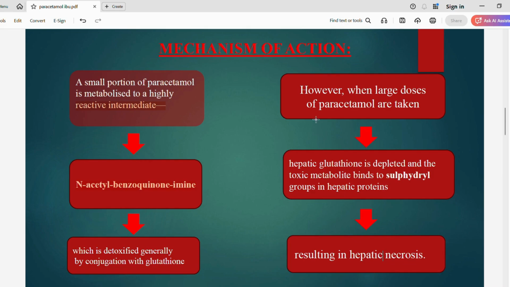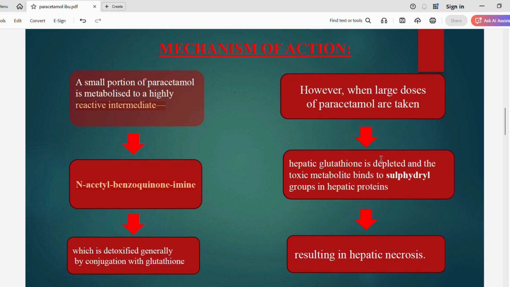So when we take a larger dose of paracetamol, glutathione is depleted, and the toxic metabolites bind to sulfhydryl groups in the hepatic proteins, which leads to hepatic necrosis. That's why it can cause hepatotoxicity.